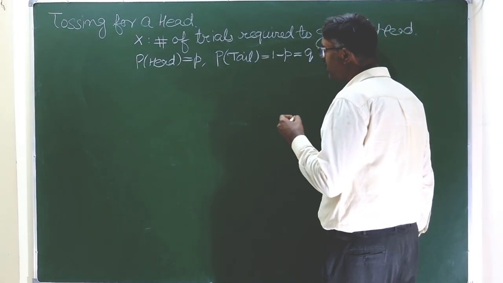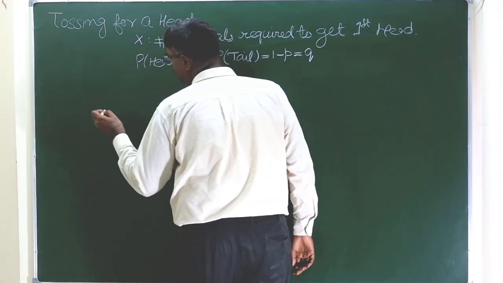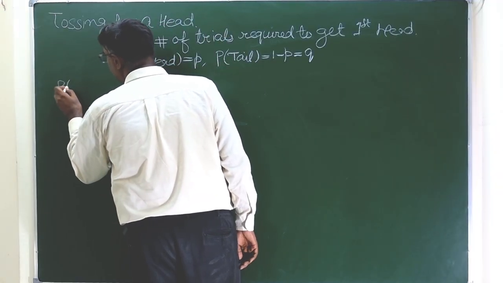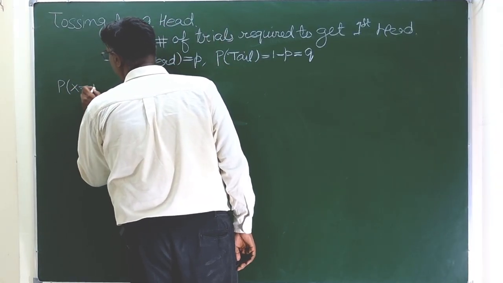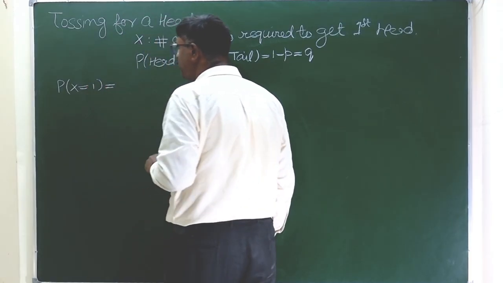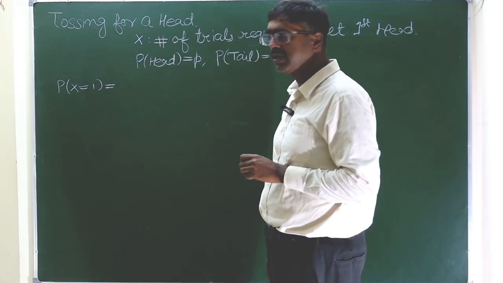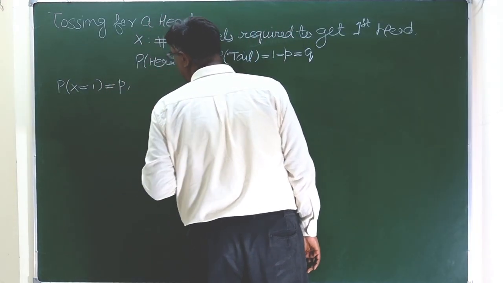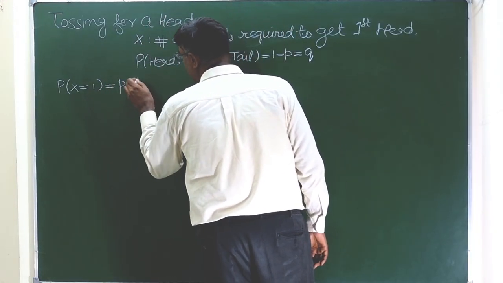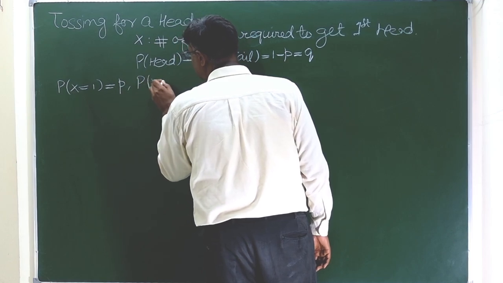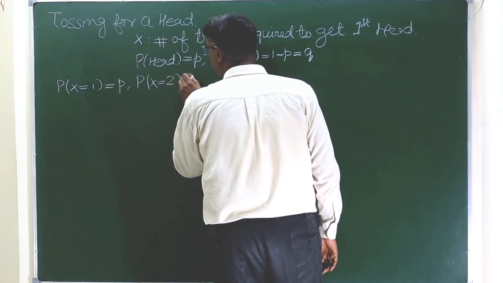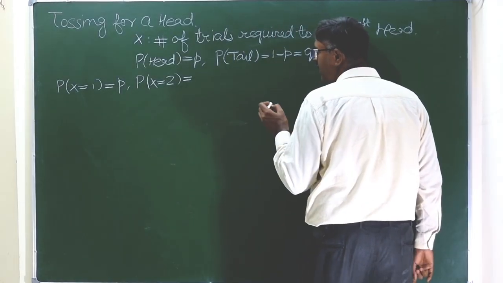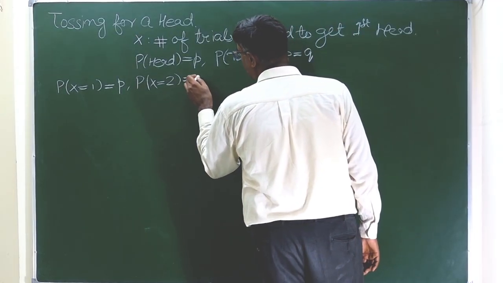Now we will write the probability that X is equal to 1. What does it mean? It means that we are getting a head on the first trial, so it is the probability p. Now the second case is the probability that X is equal to 2. It means we are getting the head for the first time at the second trial.